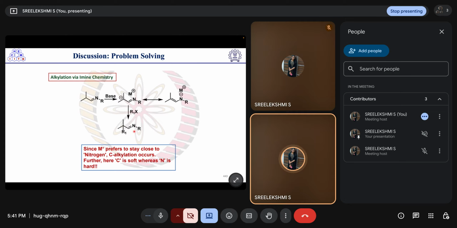So, if alkylation happens, it can give this particular compound, or this can get isomerized to form this enamine also. Since this M plus prefers to stay close to nitrogen, C alkylation occurs in most cases. Further, here C is soft whereas nitrogen is hard.